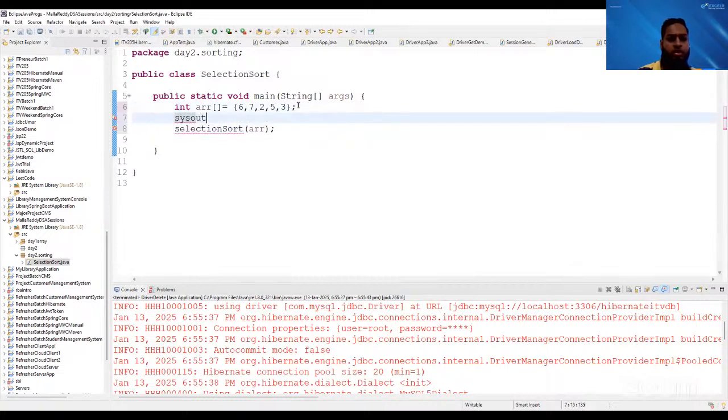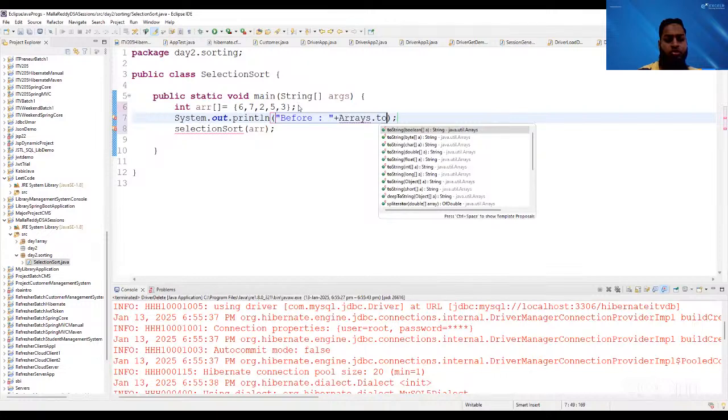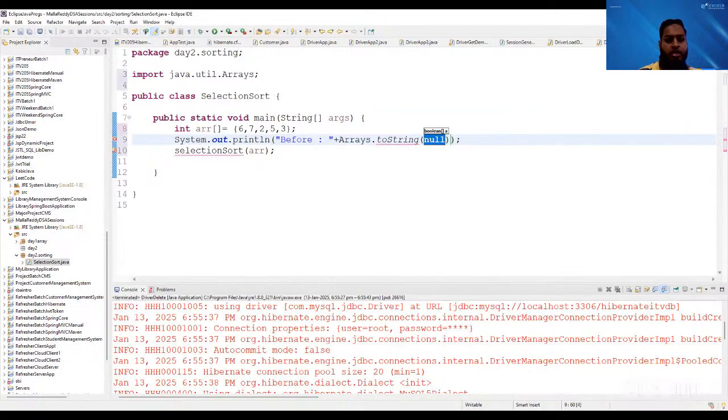Before sorting, we can display "before" and Arrays.toString of the array. And once the array gets sorted, I'll display it again by saying "after".